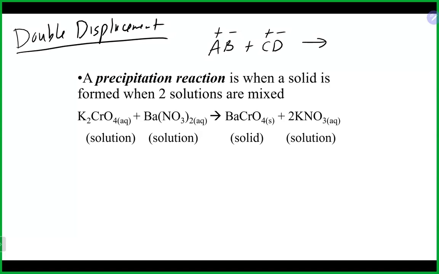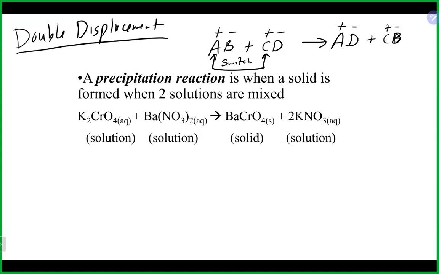And whenever you see 2 ionic compounds, what always happens is the 2 positive guys switch partners. So they do like a little switch of partners. And they make 2 new ionic compounds on the other side.